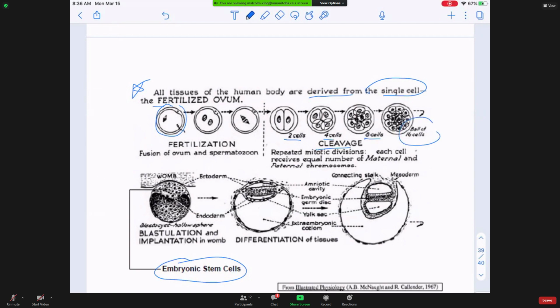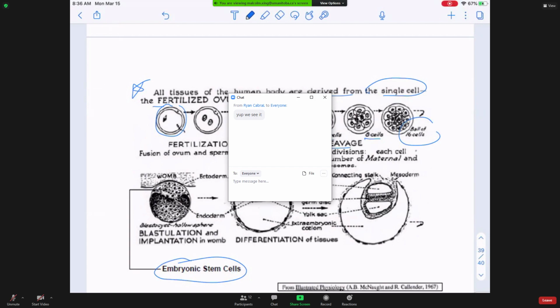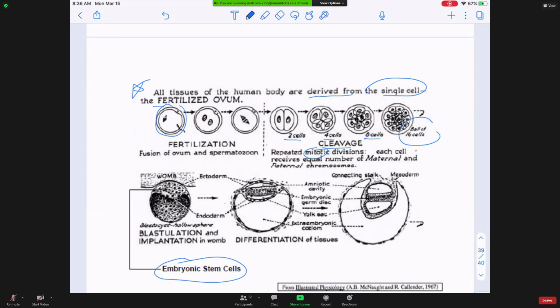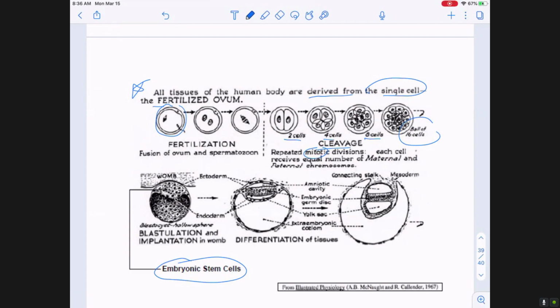Through repeated multiple divisions, each cell receives equal maternal and paternal stimulus and differentiation. At this early stage, stem means more potential for differentiation.